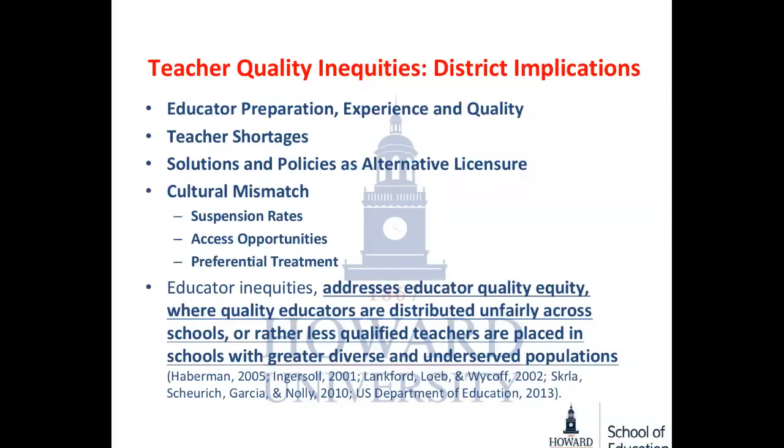We have access to certain data points that begin to speak to this, like the percent of teachers that are certified in the area they're teaching. That's federally accessible through the Civil Rights Data Collection because it's a critical aspect of teacher quality, but a beginning conversation.